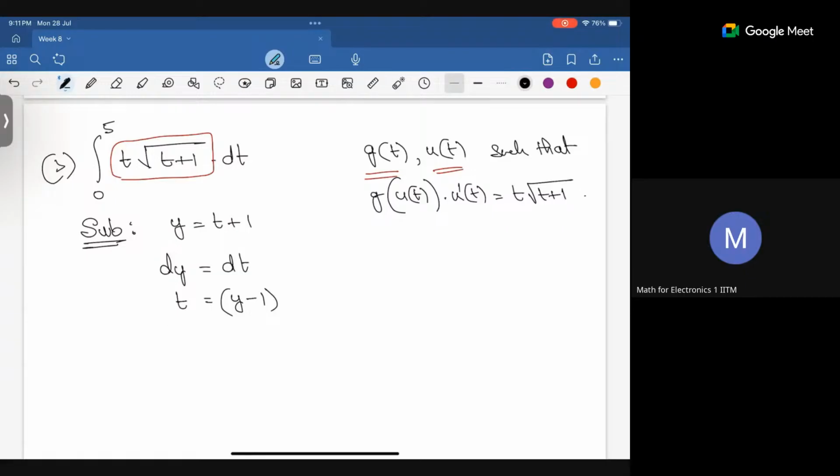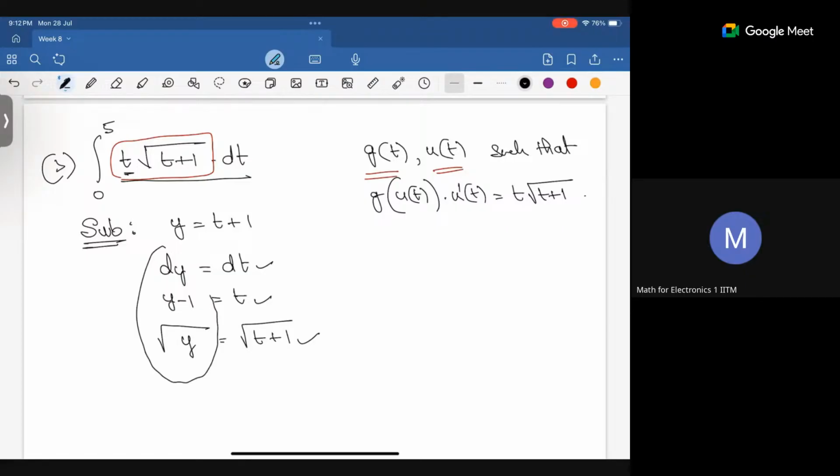And square root of t plus 1 is square root of y. So dt, t and square root of t plus 1 are the expressions here, and they are going to be replaced by dy, y minus 1, and square root of y.